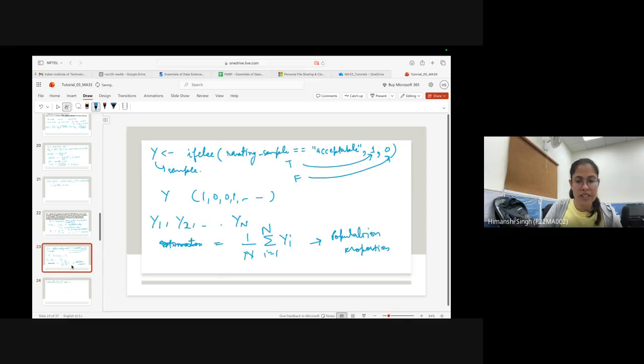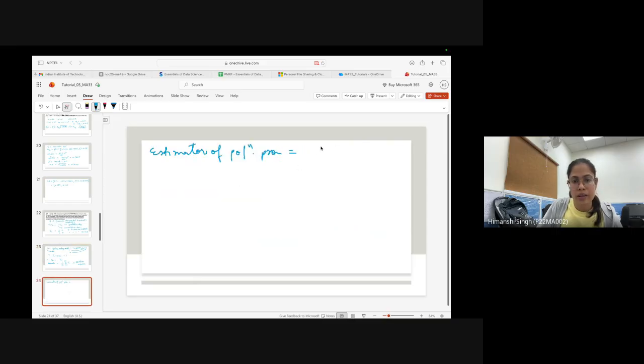So what basically is it? It is the total population divided by capital N. If I take the sample, from the sample only I want the estimator. So I have to take summation of yi, i going from 1 to small n, and 1 by n.